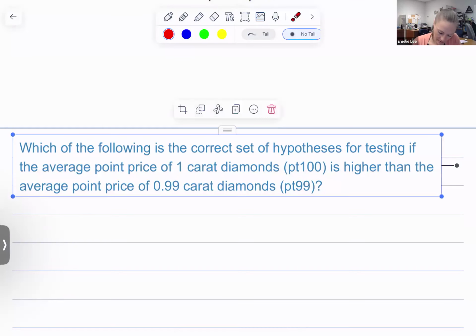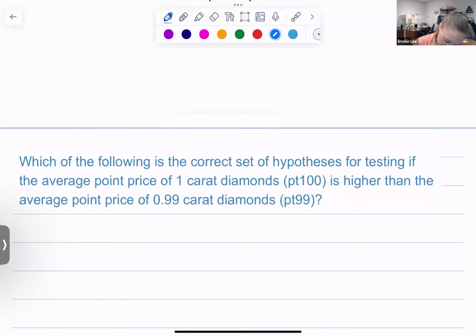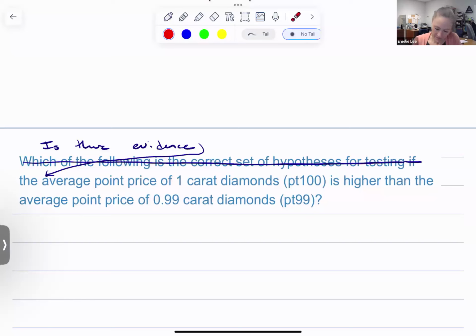So here, I'll alter the question a little bit to, is there evidence the average point price of 1 carat diamonds is higher than the average point price of 0.99 carat diamonds? So I'm changing it a little bit. Notice the "is there evidence?" That's going to be our biggest clue that we have to do a hypothesis test.